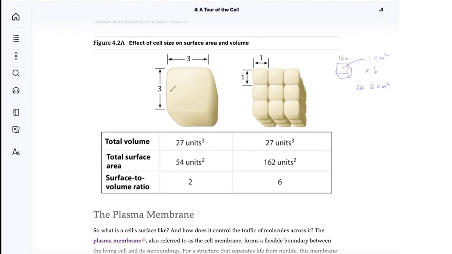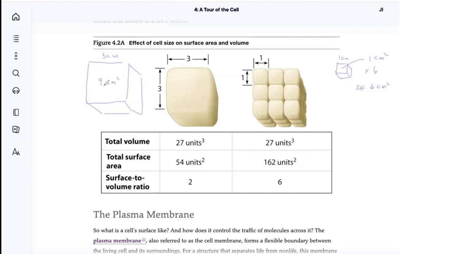If you look at a much larger cell, a cell that is 3 centimeters across one face, 3 centimeters, then this face is going to have a total of 9 centimeters squared, right?